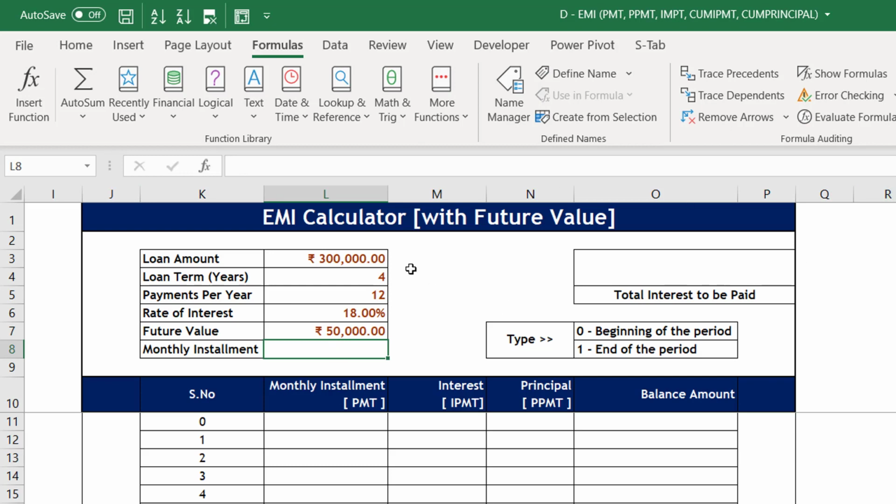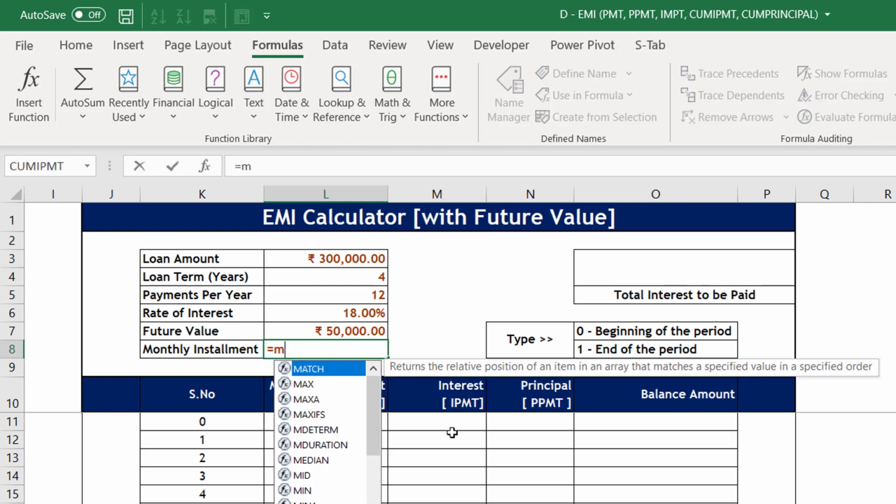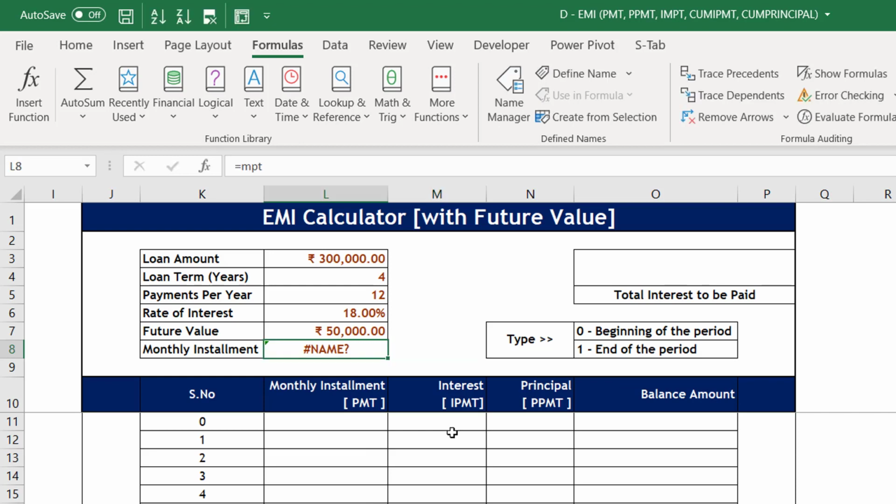So what I'm going to say is that I'm going to take 3 lakh from the bank, and after the payment of each installment, again I'm supposed to take 50,000 from the bank. And how it works: equal to PMT, rate, and I'm going to fix this, divided by the total number of payments in a year. So this is rate now, the ratio of these two, comma, number of payments, which is basically the multiplication of the total number of payments in a year multiplied by the total number of years.